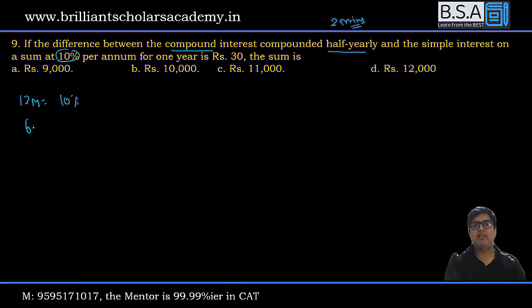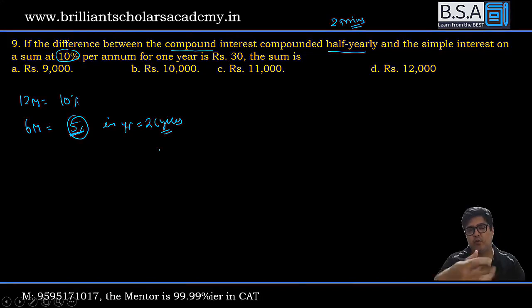Half yearly means 6 months, so you are going to be charged 5%, 5% twice. In a year, there will be two cycles or two terms of interest. But simple interest does not matter how you break, it will remain 10%.